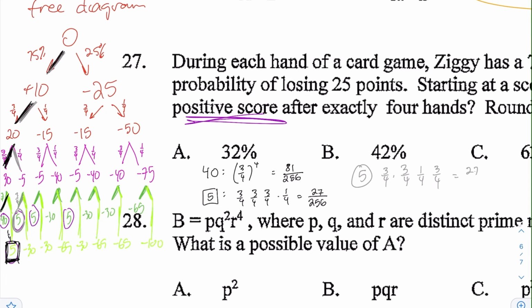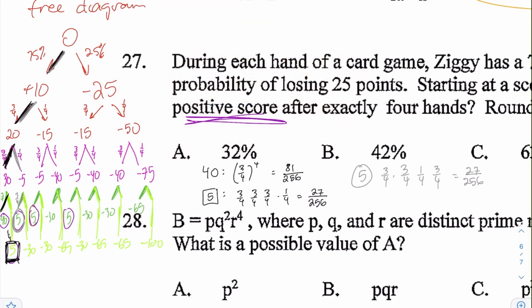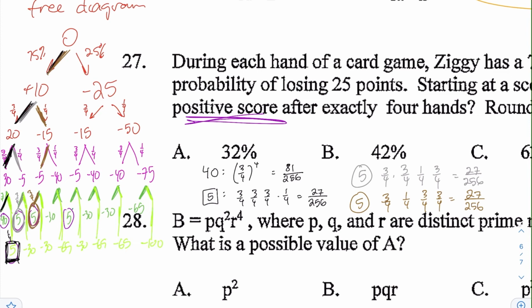So that's another 27 over 256. And then for this 5, you have 3/4, 1/4, 3/4, and another 3/4. So that's another 27 over 256. And for the last one, you have 1/4, then 3/4, 3/4, and 3/4.